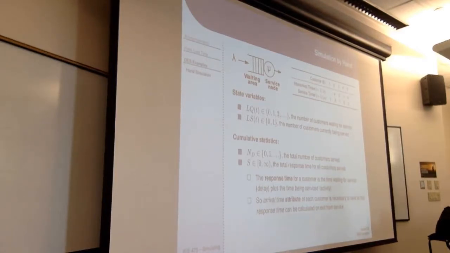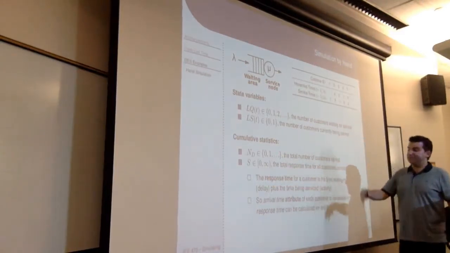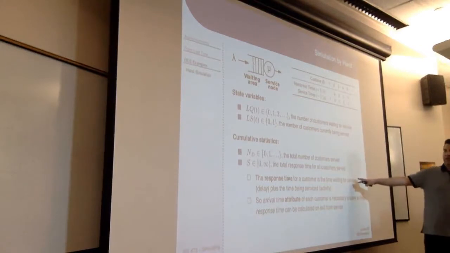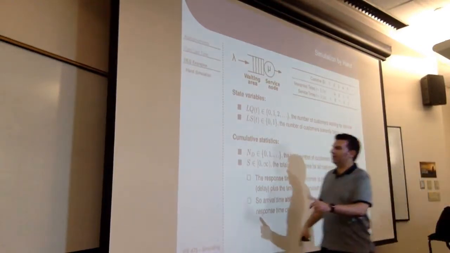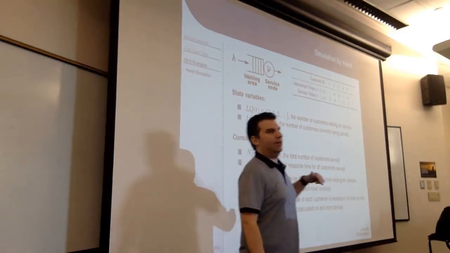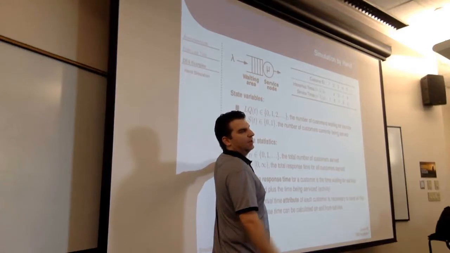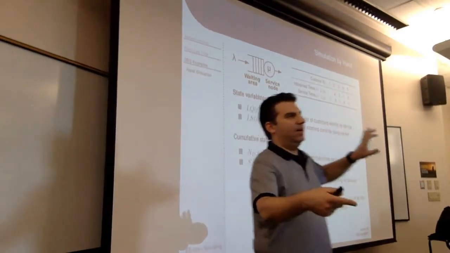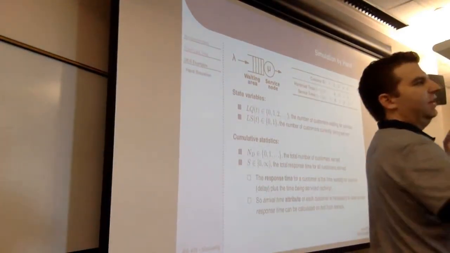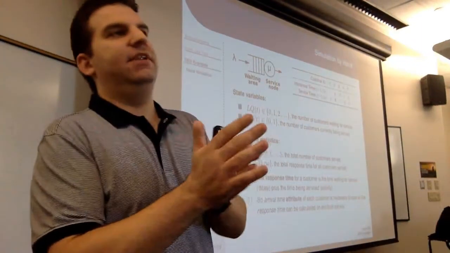For each customer, you subtract those two numbers and you add that to this total response time, S. And then there's this F that's in the book that we won't calculate here, which is the total number of customers who have departed whose response time is 5 or greater. So whereas here you always add 1 on a departure, in F you only add 1 if the response time is 5 or greater. Are there questions about any of these definitions?